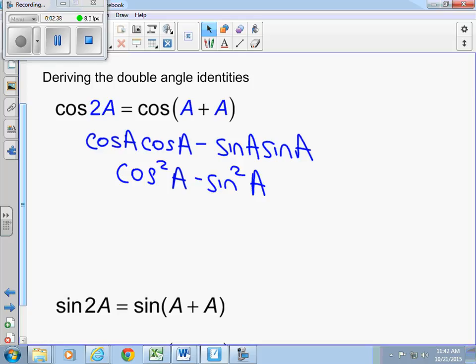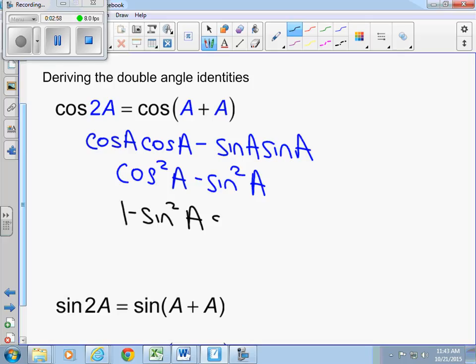There are actually 3 double angle identities for cosine of 2a, but they really are just rearrangements of this one using Pythagorean identities, but I want to show you those also. So I'm going to step 2 here. Couldn't I rewrite cosine squared as 1 minus sine squared? So I would get 1 minus 2 sine squared of a. So that's another identity for cosine of 2a.